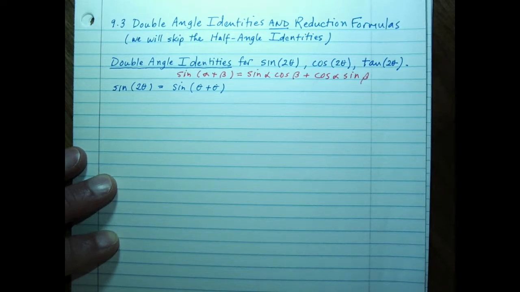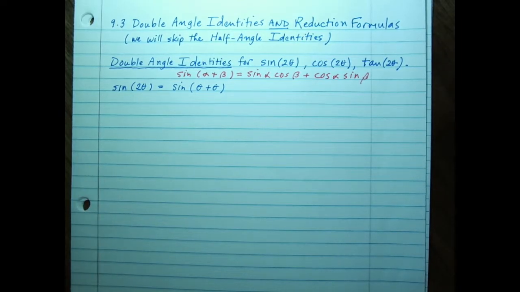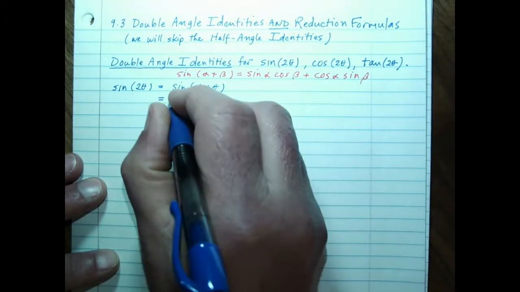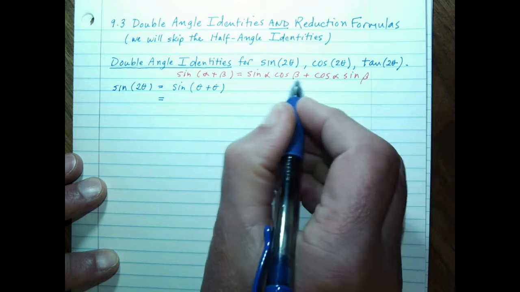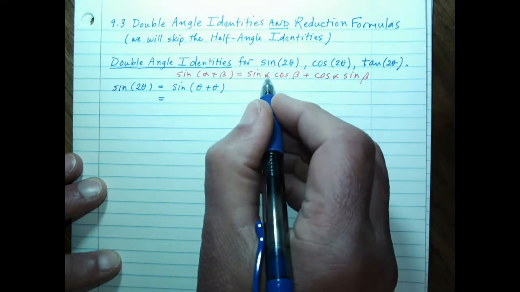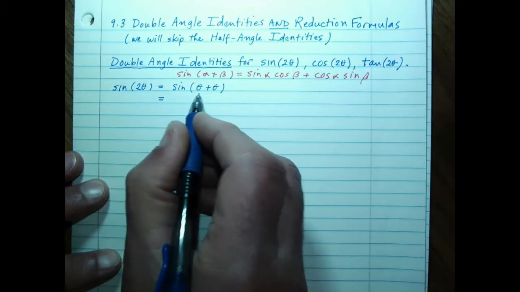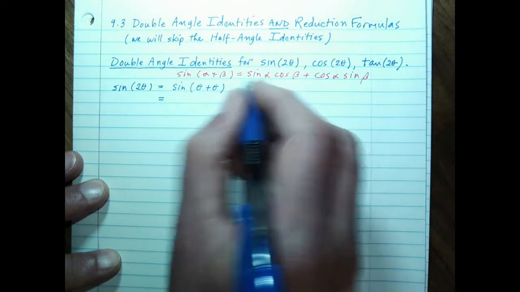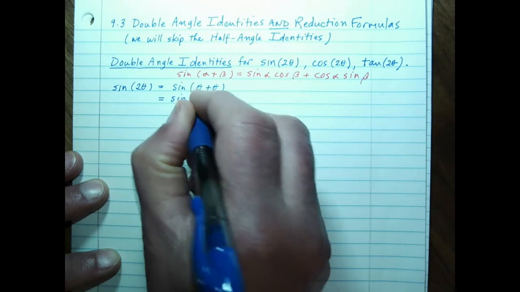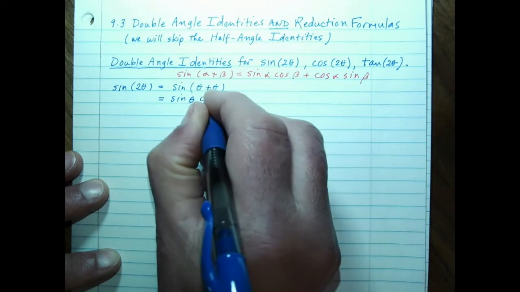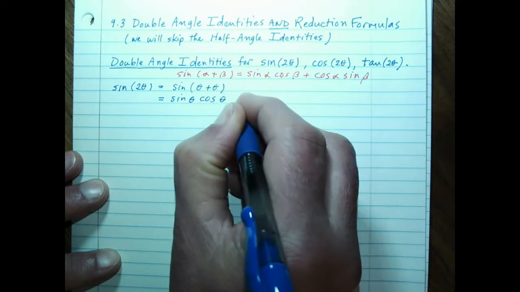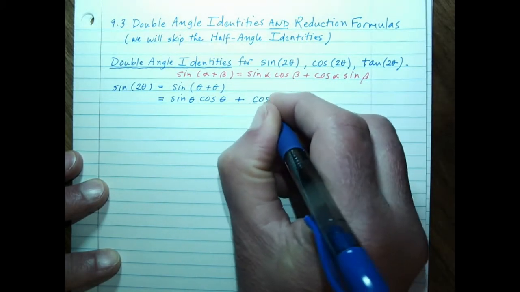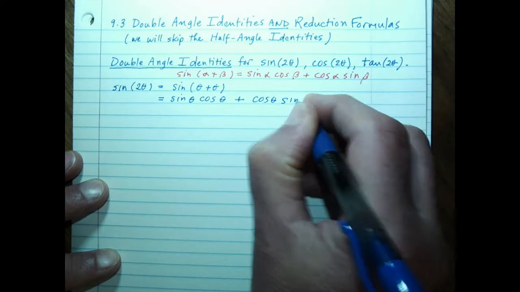So all I'm going to do is plug in to that identity. I'm going to write it below here. And instead of writing alpha and beta each time, I'm going to write theta, because we have just a single angle theta here. The alpha is theta, the beta is theta. So I get sine theta cosine theta plus, for the second term, cosine theta sine theta.